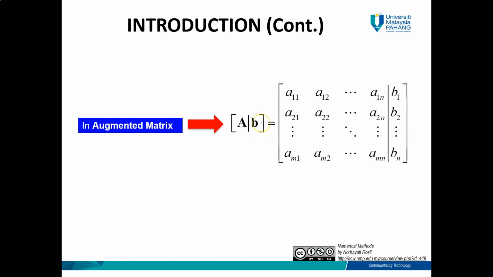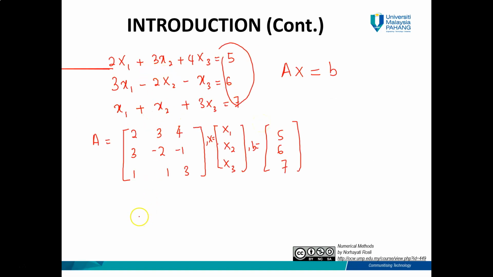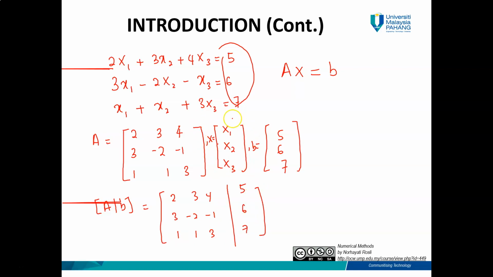If I write this example in augmented matrix, I have matrix A and vector B, that is 2, 3, 4, 3, negative 2, negative 1, 1, 1, 3, and then here we have 5, 6, 7. We didn't write x, but x is the unknown to be solved using this augmented matrix. We'll learn about this augmented matrix later.